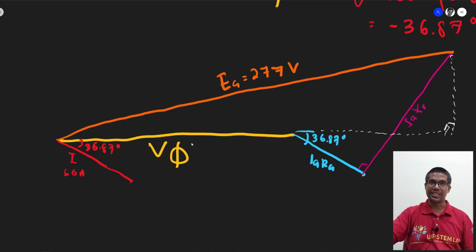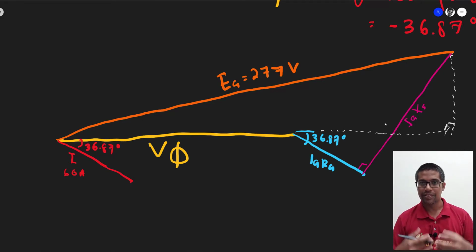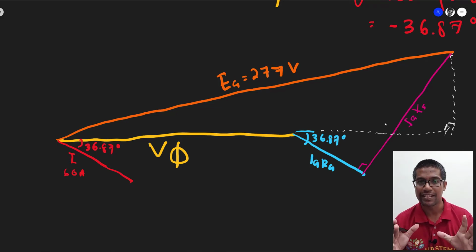What we don't know is this one, V phase. These two we can calculate, IA RA and IA XS, because we already know that RA is 0.25 ohm and XS is 1 ohm. So how do we get V phase?